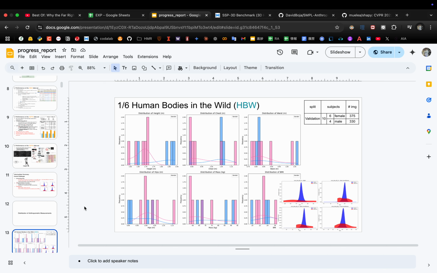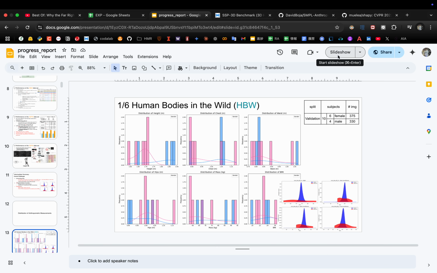And the reason for this is that if we trained our model on a training data set that does not contain people with extreme BMI values, for example 3DPW, then our model may perform poorly on these two data sets.